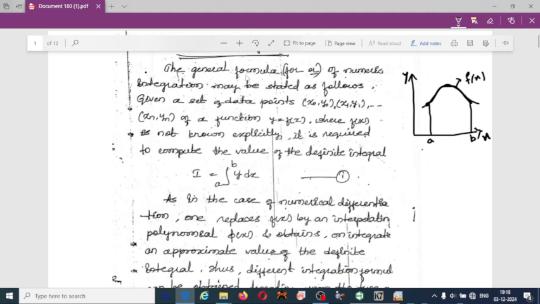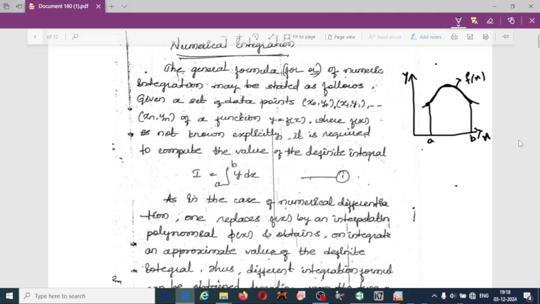Numerical integration comprises a broad family of algorithms for calculating the numerical value of a definite integral. Whatever the integration of the given function, you will have the numerical value of this given function in terms of numbers.